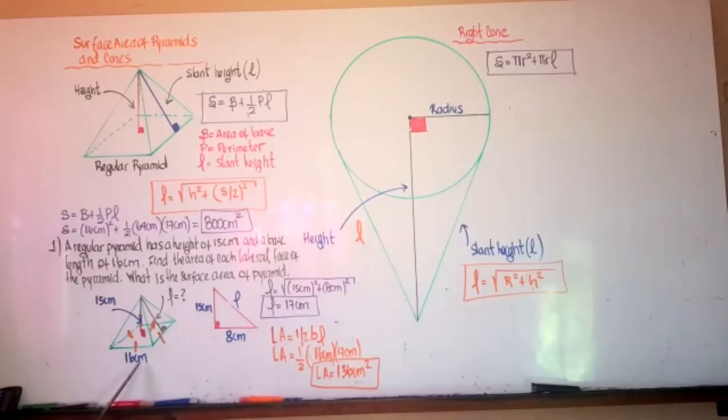Como la base es 16, 16 dividido entre 2 me da 8. Para encontrar el slant height de una pirámide, siempre la base se divide entre 2, a no ser que el problema ya lo dé. ¿Capichi? Sí, gracias, Mister.